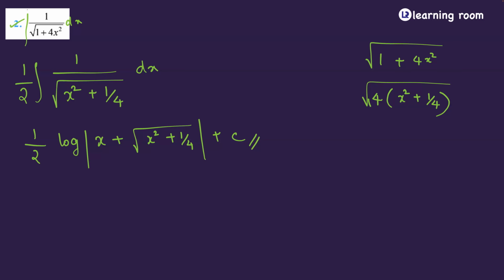It is written as 2x plus root of 4x square plus 1. This is also correct. But as long as you understand that the back answer and this are the same, I'm okay.